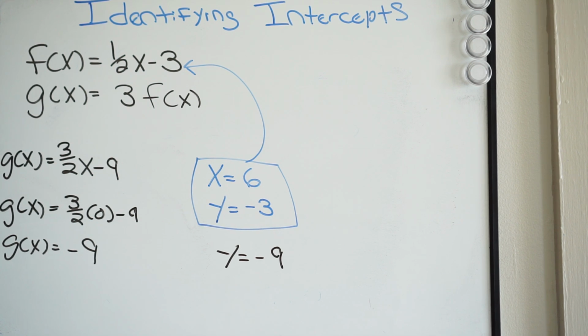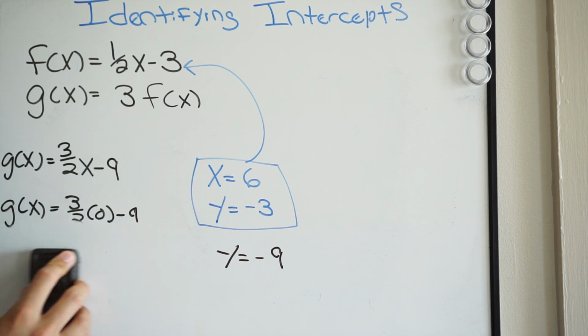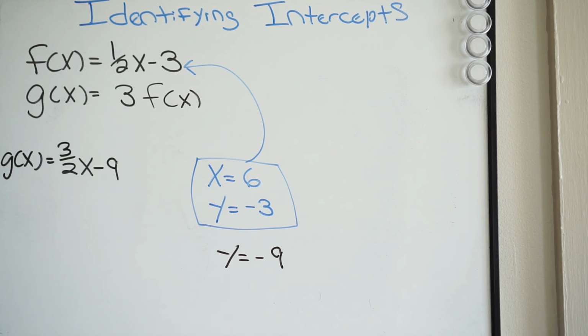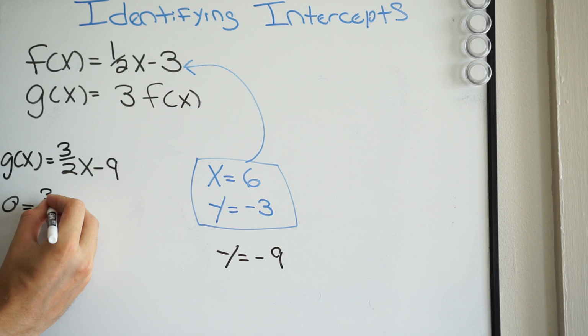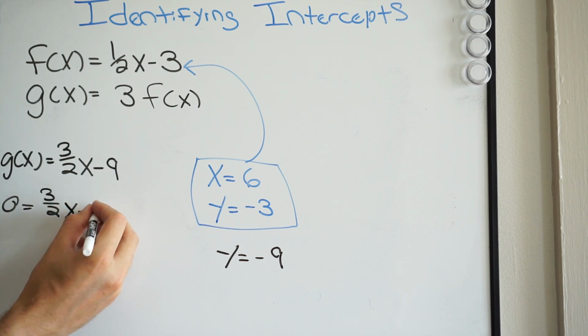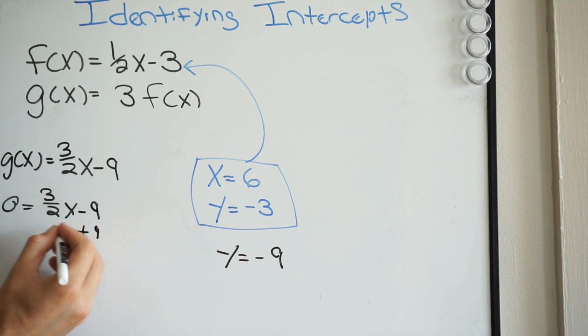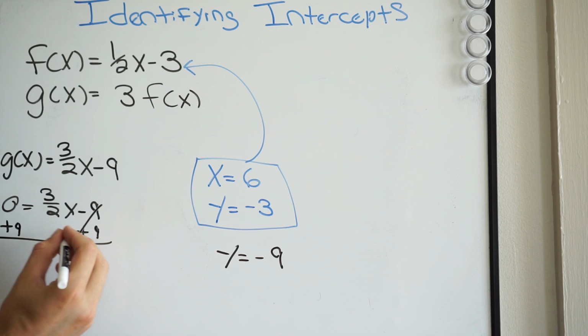Let's go ahead and solve for x now, the x-intercept. Again, all we're going to do here is plug a 0 into the g of x, or our y. So we get 0 equal to 3 over 2x minus 9. We're going to add 9 on both sides. Cancels.